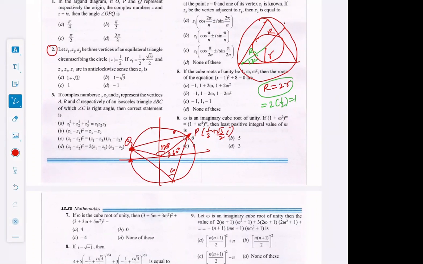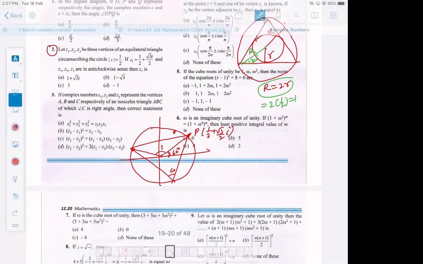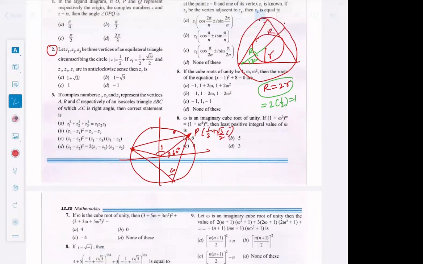Argument of Q will be 180 degrees. This is 60 degrees, so this angle will be 120 degrees, so overall this angle will be 180 degrees. So if this is the point P, the point Q will be here. So Q will be minus 1.